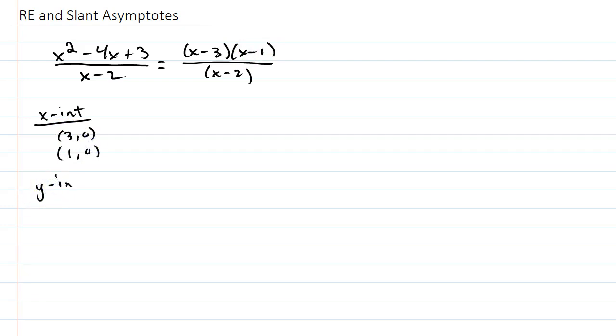Then we talked about the y-intercept. The y-intercept is when we plug 0 in, and yesterday we talked about how that's just going to be the last terms, kind of like when we were graphing polynomials. So that's going to be, in this case, negative 3/2.